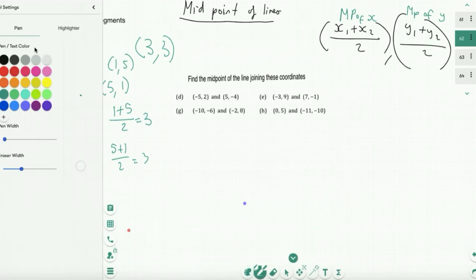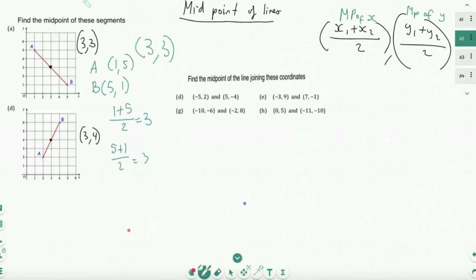We can do the same thing for this problem here. If we're super stuck and we're like, where's the midpoint? We'll write down both coordinates. So coordinate A is 2, 2, and coordinate B is 4, 6. To find the midpoint of the x's, we add up the x coordinates, so 2 and 4, and we halve it. 2 plus 4 is 6, divided by 2 is 3.